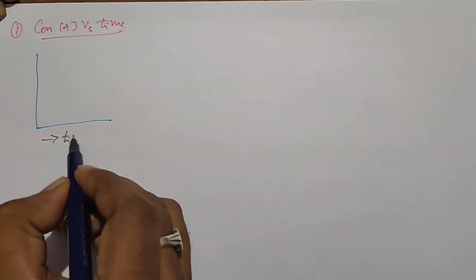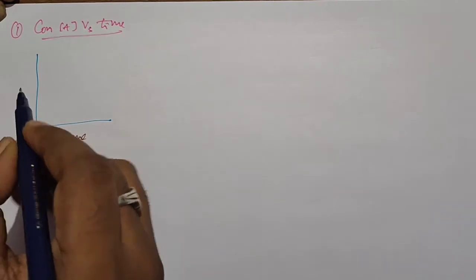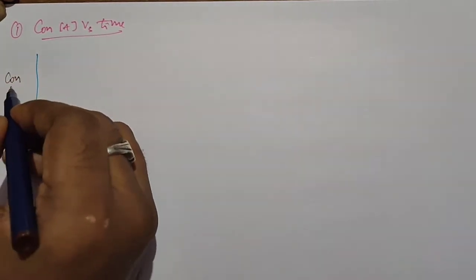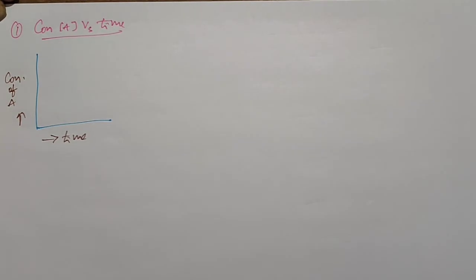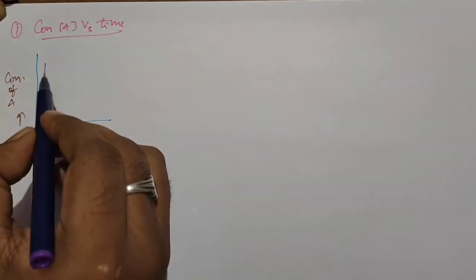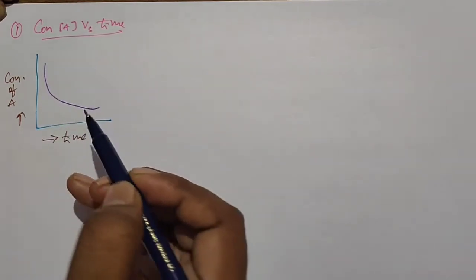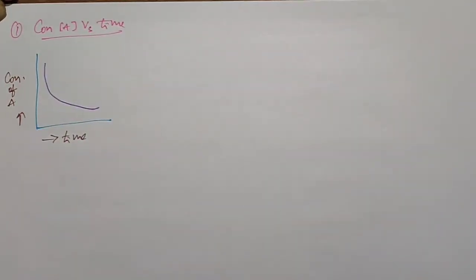On the x-axis I take the time, on the y-axis I take the concentration of A. Then we get a curve like this. We get a curve when we draw the graph between concentration versus time.